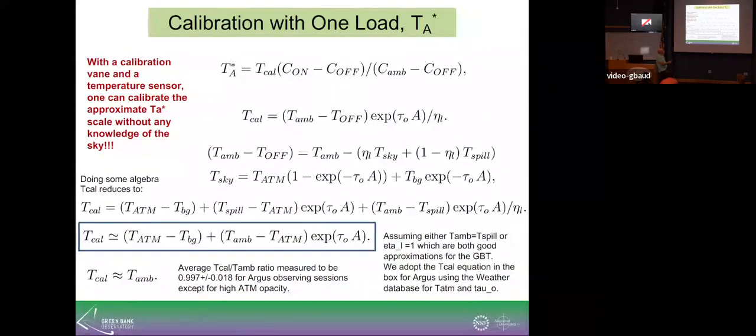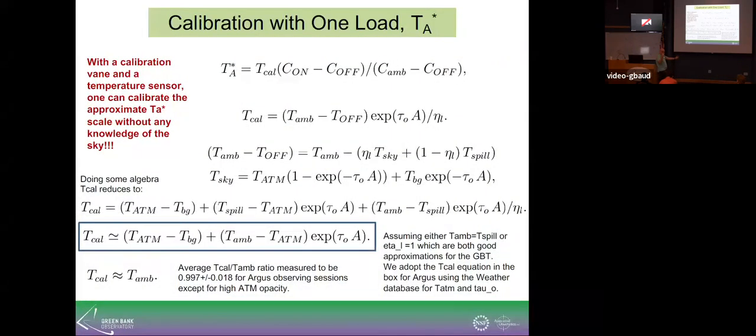And so how TA star works is, you have some temperature scale, TCal, which we don't know, and you count on minus off, basically, versus the ambient load. So that's like source signal, reference, the counts on the warm load, and the counts on blank sky. So instead of doing it between two known loads, like a cold load and a warm load, you do a warm load and blank sky.